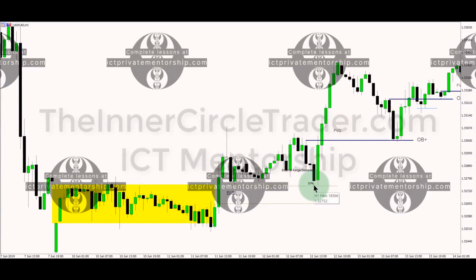So 32.752. The low comes in at 32.75 and 1 pipette off, 3. This is all you need, plus spread. If you missed this entry here, you can take a fill, anything less than that close.